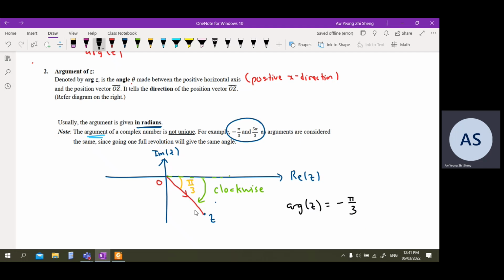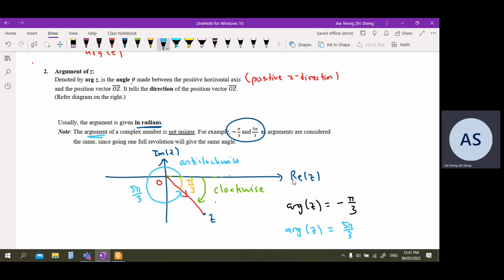However, the same direction can also be obtained if I measure still from the green color direction, but go anti-clockwise. If I go anti-clockwise by a magnitude of 5 pi over 3, I arrive at the same direction. So it is also correct to say that argument z is 5 pi over 3, because minus pi over 3 and 5 pi over 3 point to the same direction.